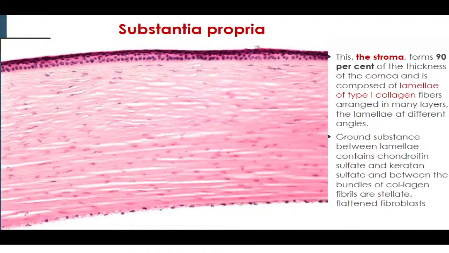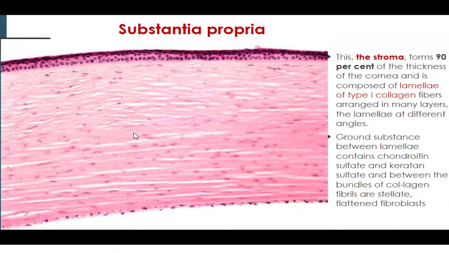Next, the substantia propria. That's the stroma. The stroma of the cornea is named substantia propria. 90% of the thickness of the cornea is composed of lamellae of collagen type 1. Fibers arrange the layers of lamellae at different angles.